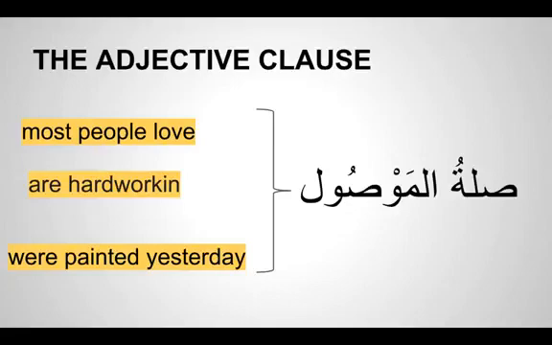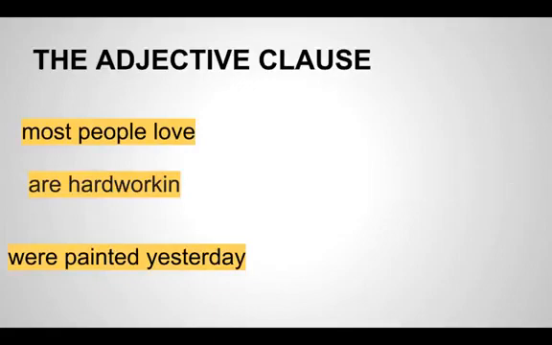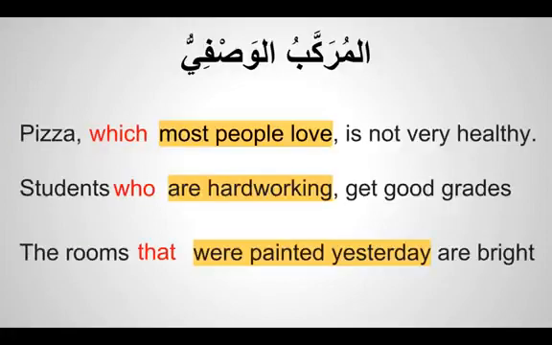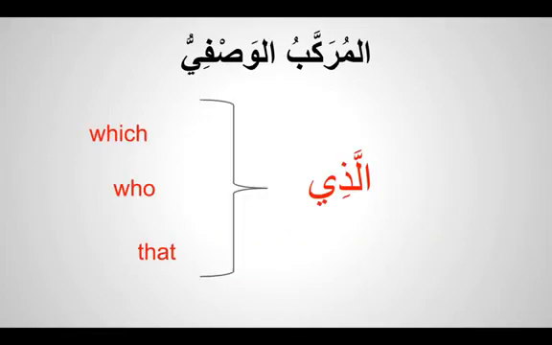So whenever you have an ismu mausul, that is alladhi, we should have a description of that alladhi, and that is called silatul mausul. Together, ismu mausul and silatul mausul describe the noun which is coming before. Okay, let's do some examples, inshallah.